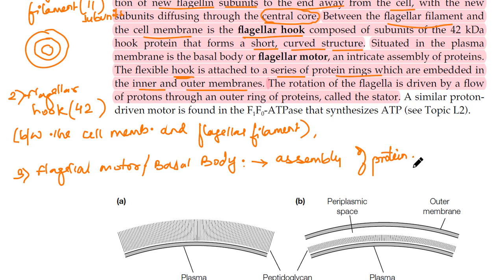Now see, the hook is attached to a series of protein rings, and these rings are embedded in the inner and the outer membrane. The rotation of the flagella is driven by protons through an outer ring of proteins.